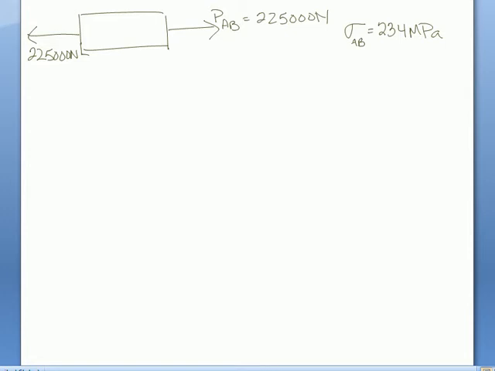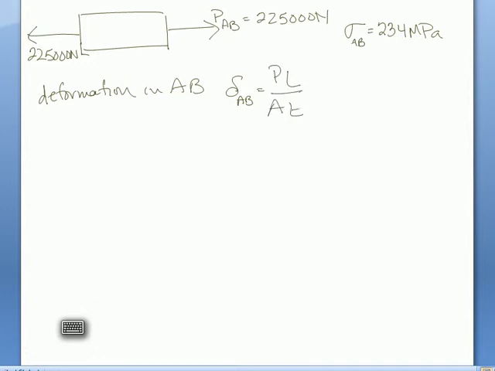All right. Having determined that the stress in segment AB is 234 megapascals, we now need to determine what the deformation in AB is. Deformation is our delta sub AB.